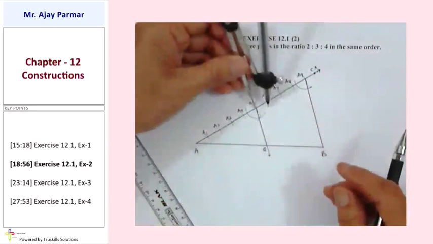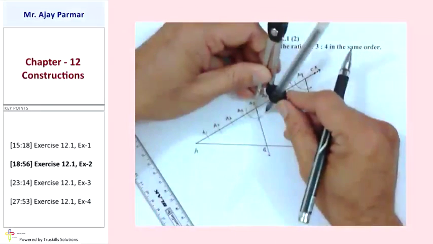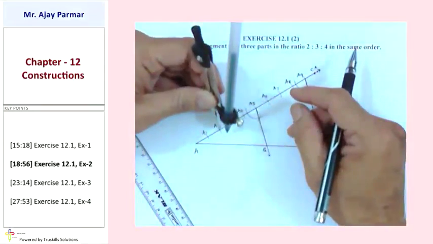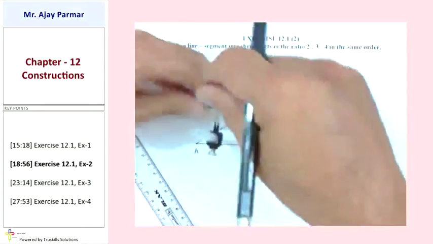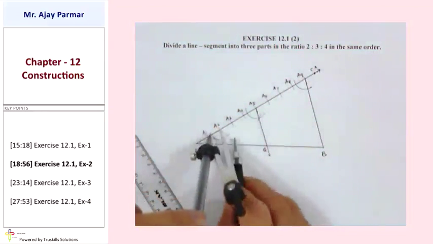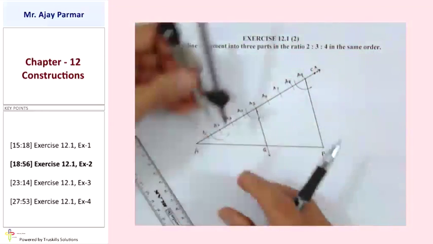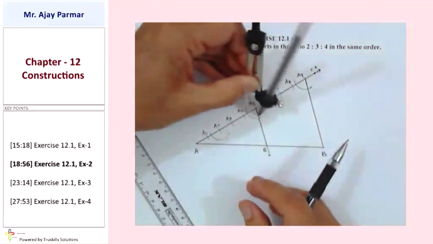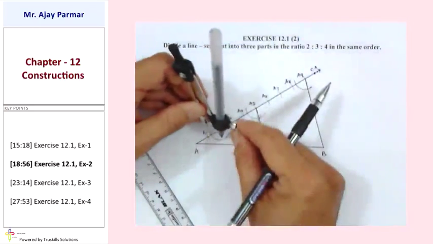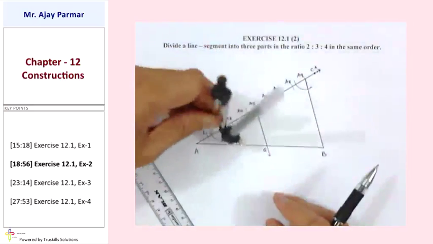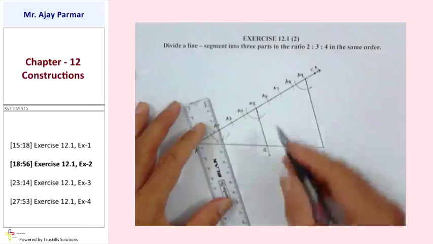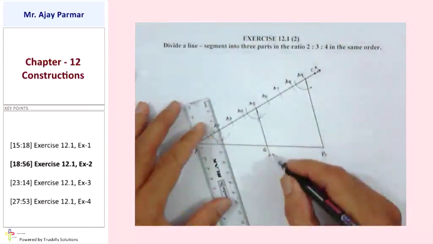Once again, selecting the same radius as the previous one, A2 is the center, and I'll draw an arc like this way, and taking this as the radius, I shall draw an arc over here. And that line A2 is going to be parallel to A5Q.